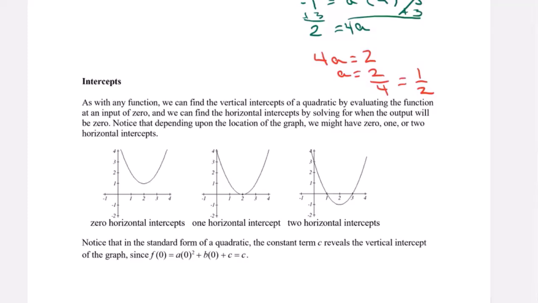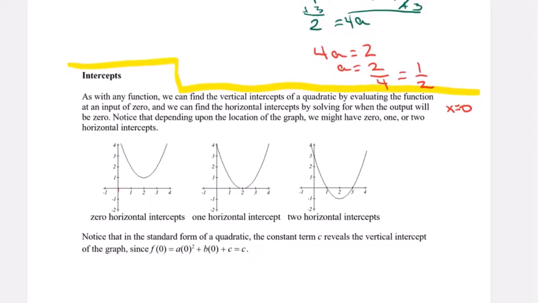As with any function, we can find vertical intercepts of a quadratic by evaluating the function at an input of 0. New information. So when x equals 0, we will find our vertical intercept, right? Anytime x equals 0, we're going to be on our vertical.